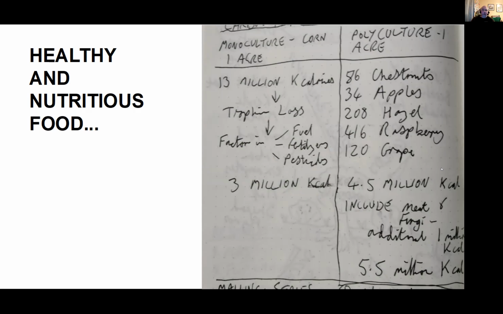So looking at the potential in terms of healthy and nutritious food, forest gardening and agroforestry systems could be outputting a lot. So healthy and nutritious food is one of the primary reasons to think about forest gardening or food forest systems.